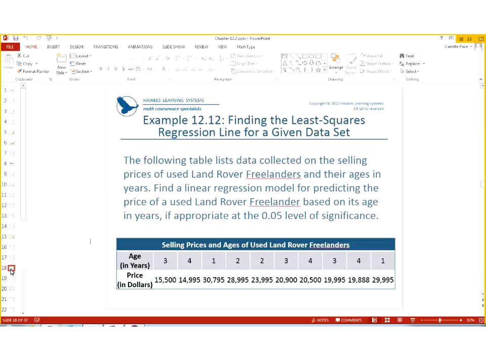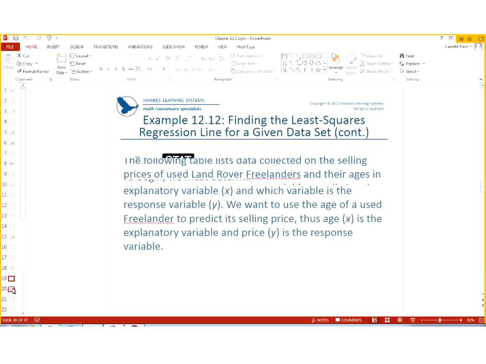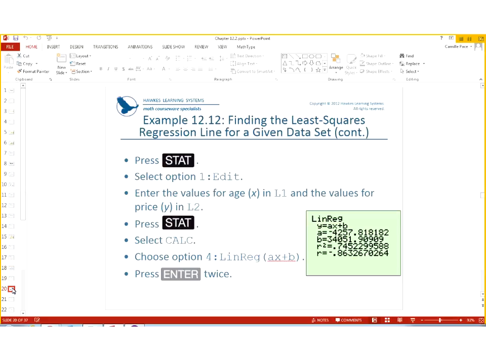So here's the data. The first thing you're going to do is put it into your calculator. Remember, you go to stat, enter, and put age as your x and price as your y. Age will go in L1, price will go in L2. If you want to, go ahead and pause the video and put that in. And here are the directions again if you need them.